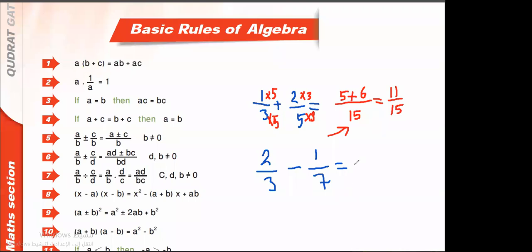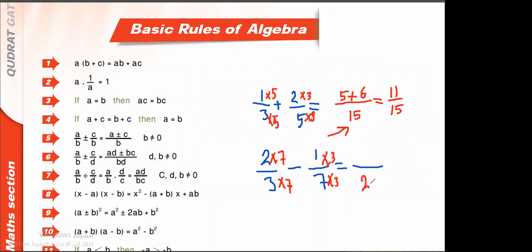Yes, now you put the same denominator here. You multiply here by 7 and you multiply here by 3 to put it the same denominator, right?